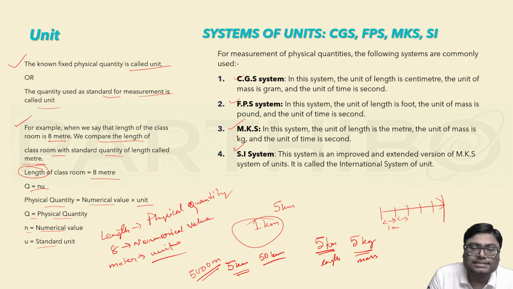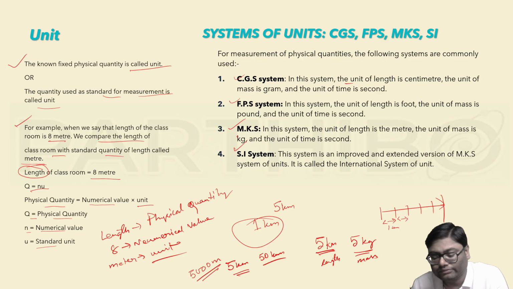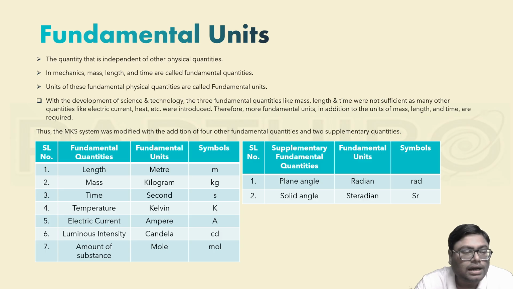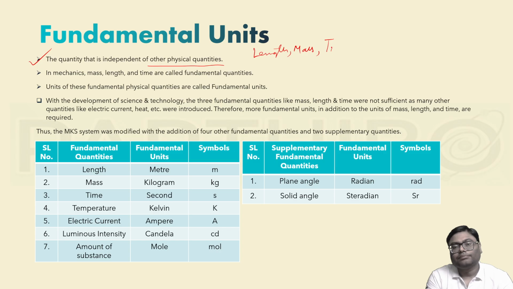Before we go to CGS and MKS, you should know about fundamental units. What are the fundamental units? The quantities that are independent of other physical quantities, like length, mass, time.